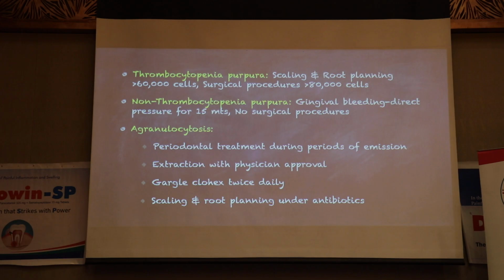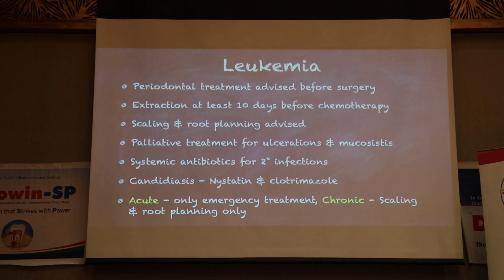Next, leukemia: periodontal treatment advised before the surgery, extraction at least 10 days before the chemotherapy, scaling and root planing advised, and palliative treatment can be given for ulceration and mucositis. Systemic antibiotics have to be given for leukemic patients for secondary infection.